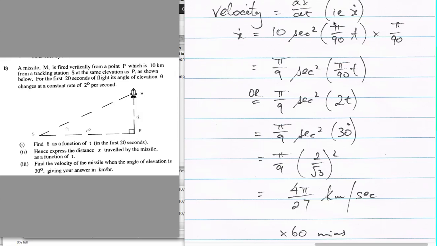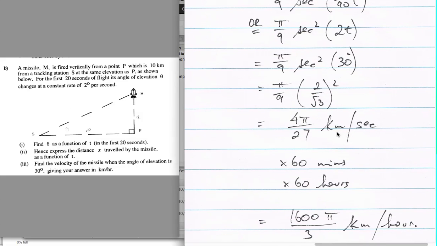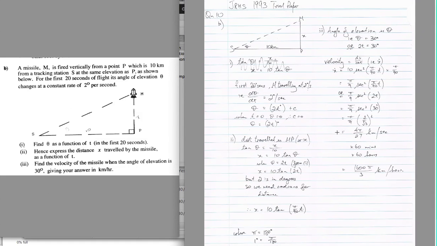Again, we have to work in pi because it's a distance measure at this point. We're measuring with respect to distance, but we've been given an angle in terms of degrees. So I put it back in terms of degrees, and that's why I can substitute 30 back into the sec squared. Okay, so I'll just zoom back out to the full solution.